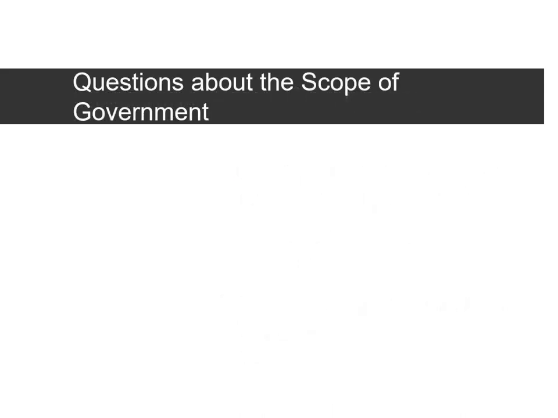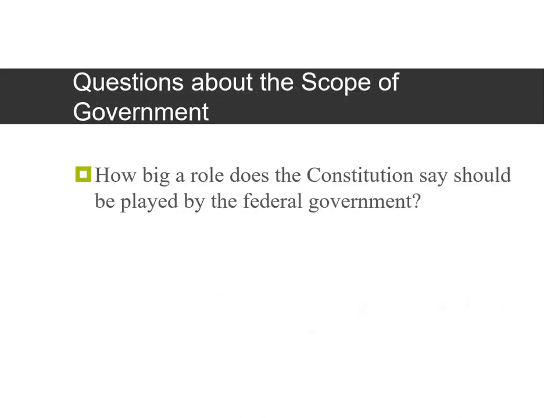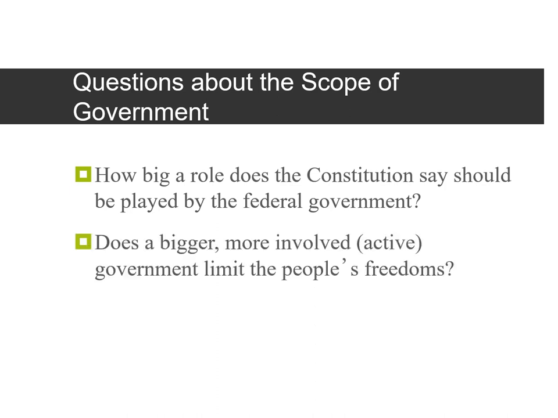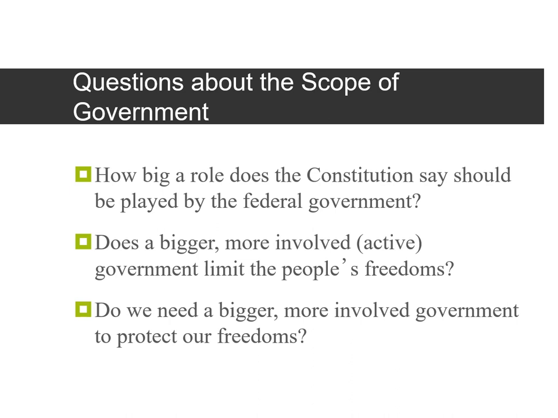Questions about the scope of government. How big a role does the Constitution say should be played by the federal government? Does a bigger, more involved, or active government limit the people's freedoms? And do we need a bigger, more involved government to protect our freedoms?